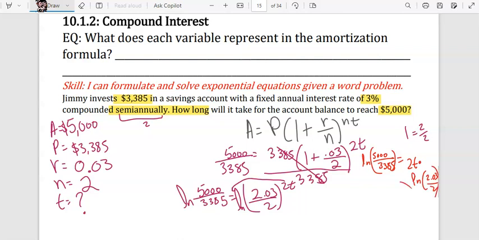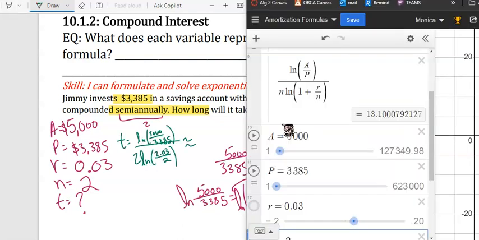Okay, let's divide each side by everything except for t. And that's when we will put this in the calculator. And if we put it in, we get about 13 years.